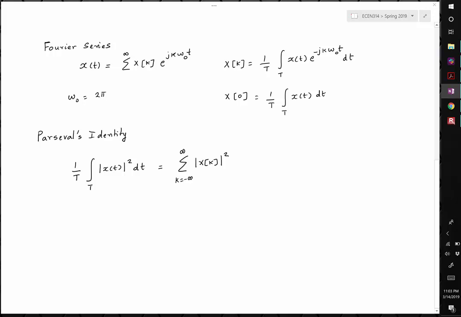We're going to try to use these two expressions or results to try to solve the Basel problem.